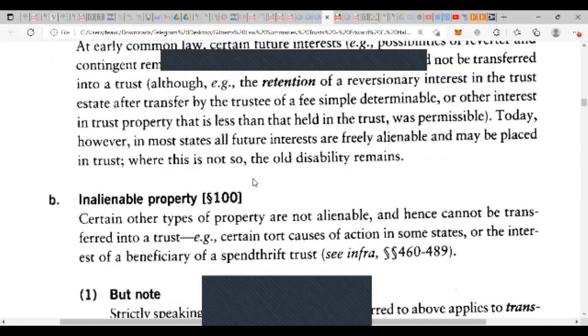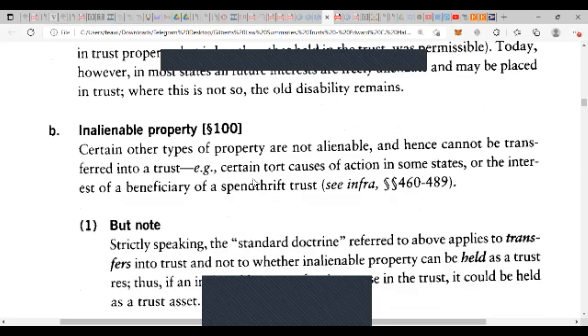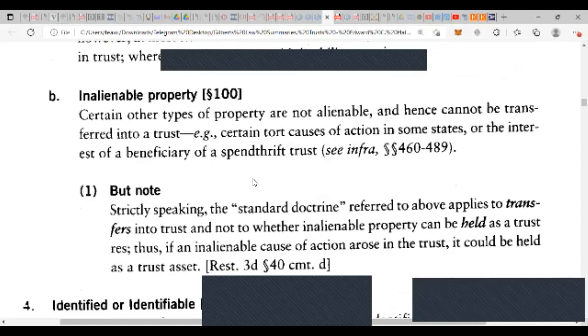Today, however, in most states, all future interests are freely alienable and may be placed in trust. Where this is not so, the old disability remains.